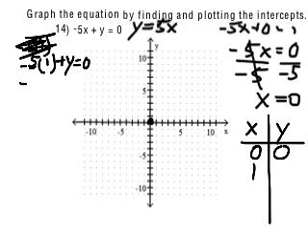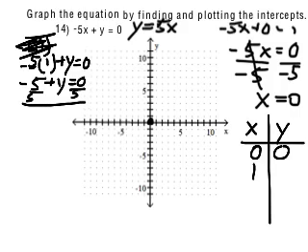So we've got a negative 5 plus y equals 0. So we'll add 5 to both sides. And we get y equals 5. Okay, so where x is 1, y is 5. Which is right here.